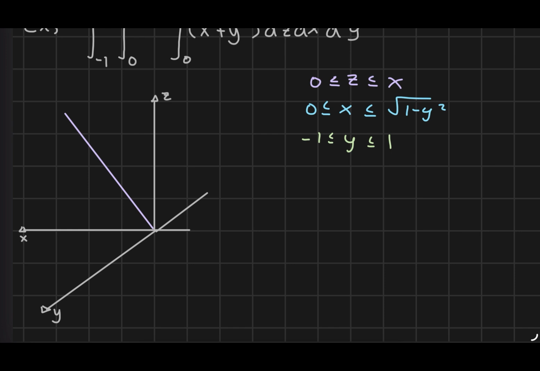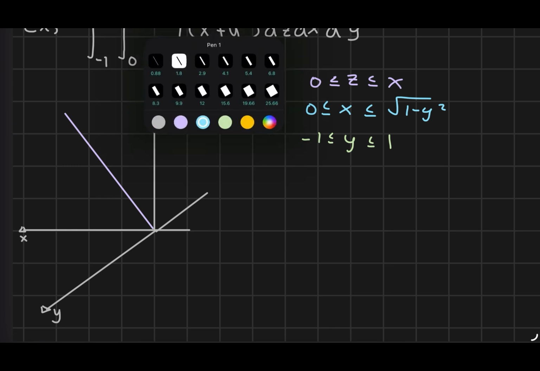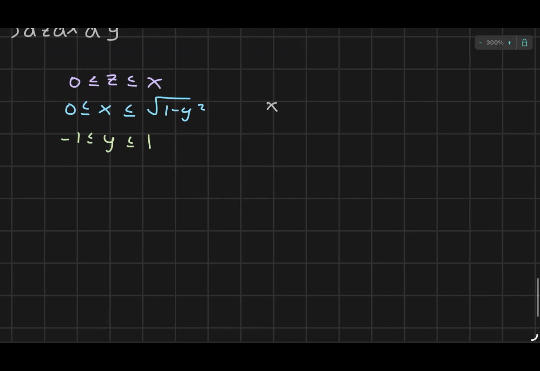x is equal to the square root of 1 minus y squared. What is that saying? Well, we're pretty much just going to have the upper half of a circle here. I'll write it down: x is equal to the square root of 1 minus y squared, which is equal to x squared plus y squared is equal to 1.